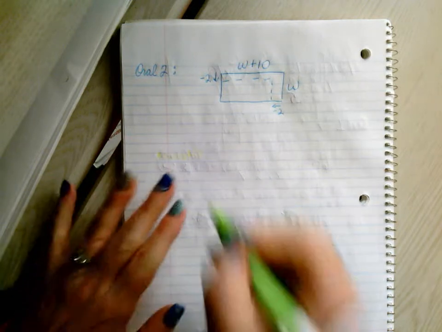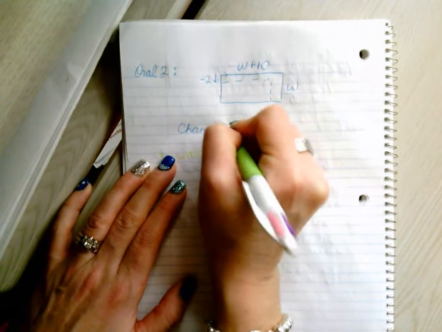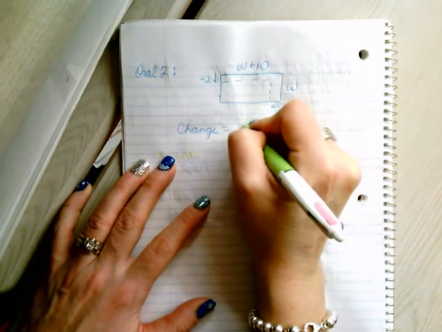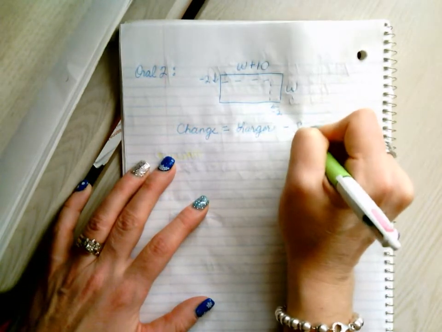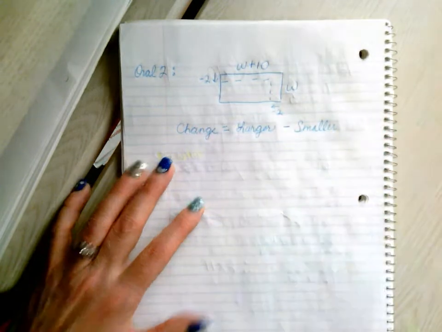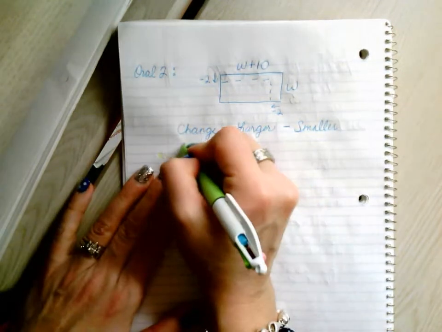Okay, so the change in area is equal to the larger area minus the smaller area. Okay, that'll give you the difference. Okay, we've already been given the change, which is 48.